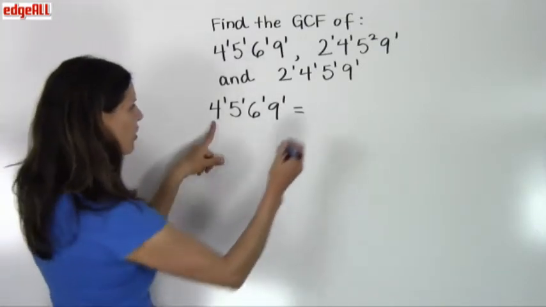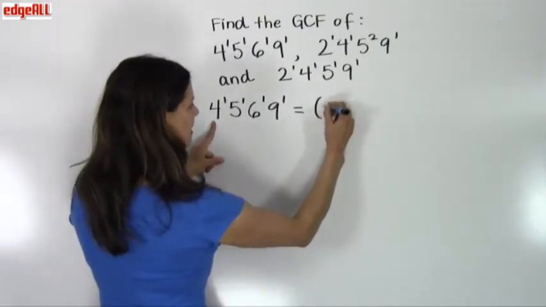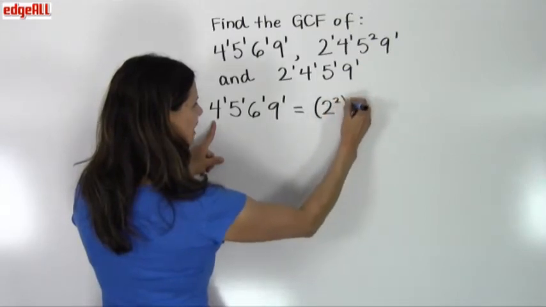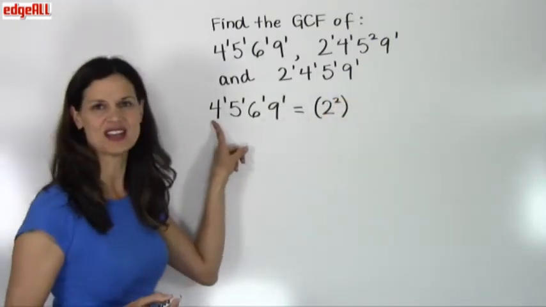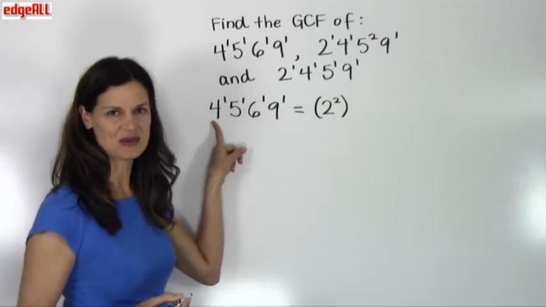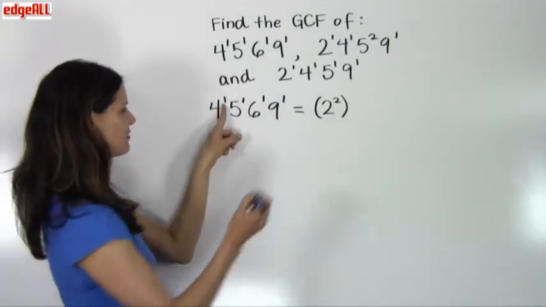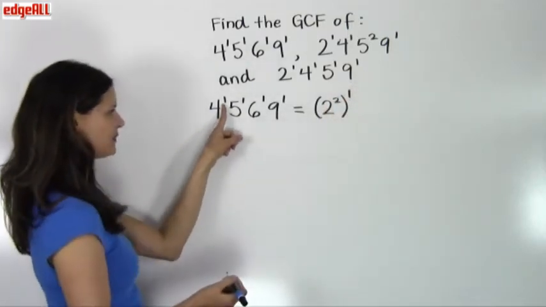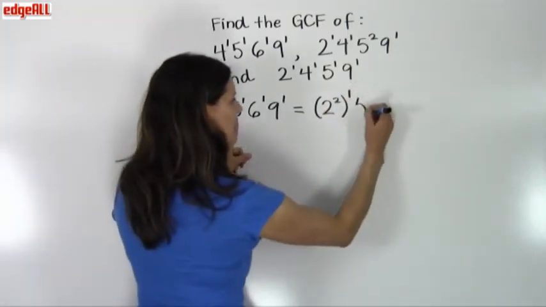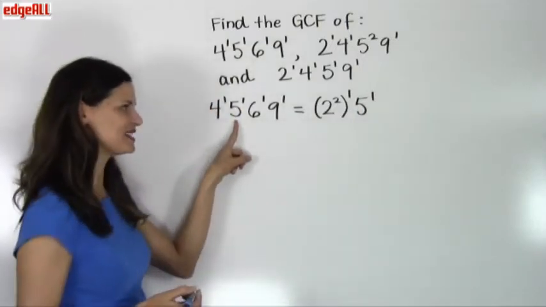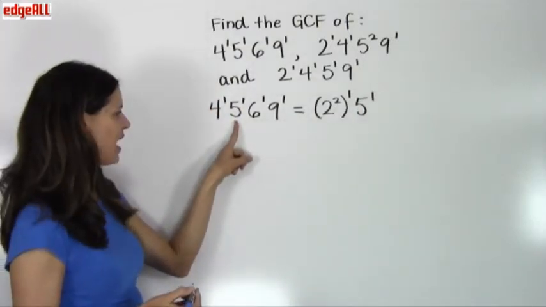So for 4, I'm going to rewrite my 4 as 2 squared. The prime factorization of 4 is 2 times 2, or 2 squared. So I'm going to rewrite the 4 as 2 squared and raise that to the 1 power. My 5 is already in prime, so I'm just going to leave it 5 to the 1 power.